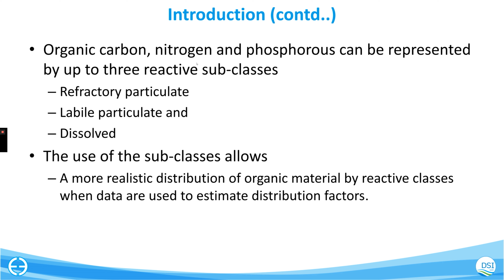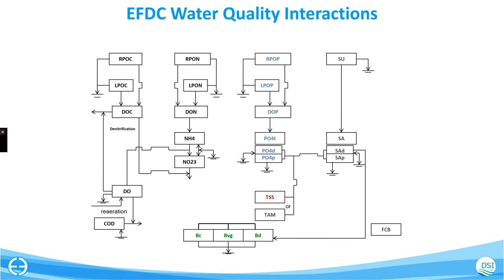The one issue around that is these are not standard water quality variables. So, why don't we look at it this way? We have 21, if you will, state variables. These are all what I was referring to, like your particulate organic carbon.